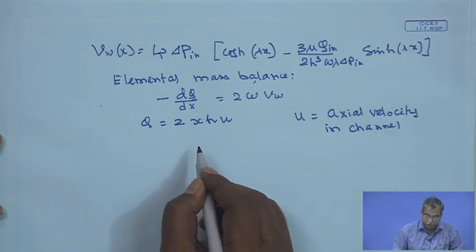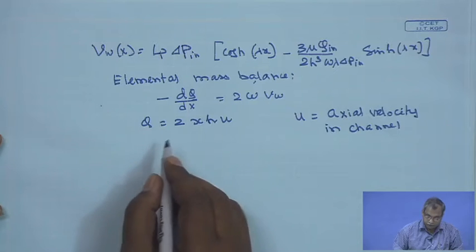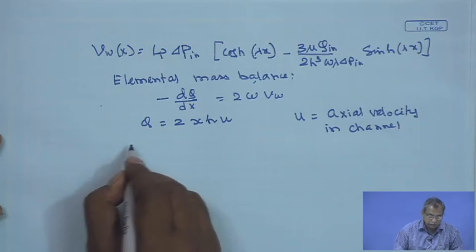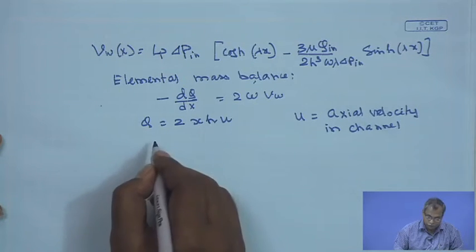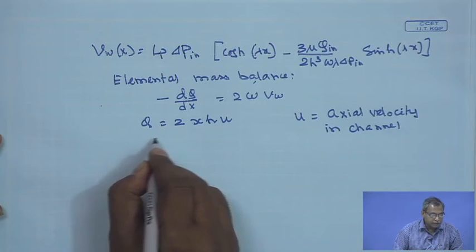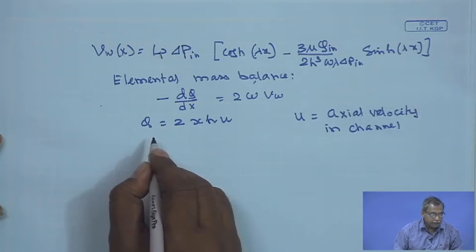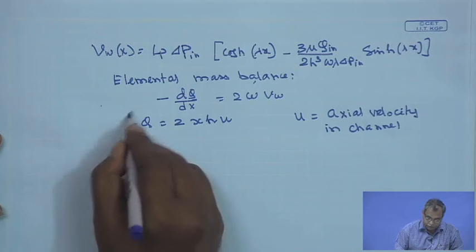So, that will be the cross sectional area. So, we are going to get dq dx, and V w in this case will be L p delta p. So, you just substitute it over here.